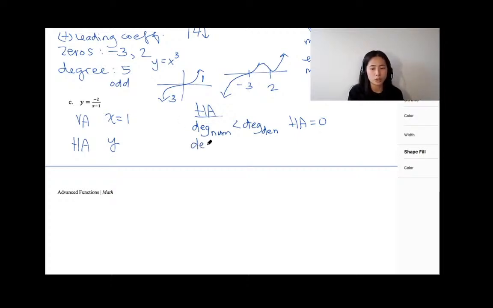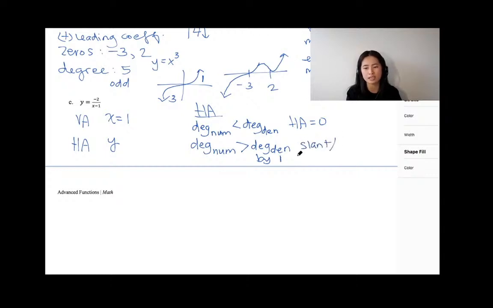Now, moving on to when the degree of your numerator is greater than the degree of your denominator, and it's only by 1. Why are we emphasizing it's only by 1? Well, if it's by 1, you're going to have a different kind of asymptote as opposed to a horizontal asymptote.